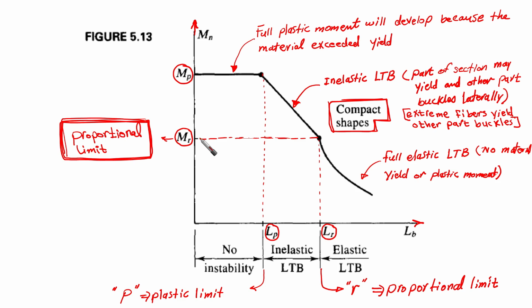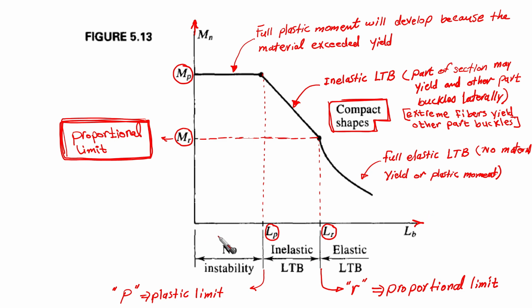And on the vertical axis, we are going to put the nominal moment. Then, based on experiments and formulas, we have obtained this curve, very similar to the curve that we discussed before regarding compression elements. Do you remember?